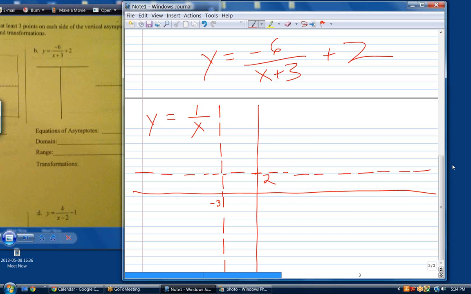I'll do just 3 and then work that out. So when x is 3, what's y? It'd be -1, which is right here.